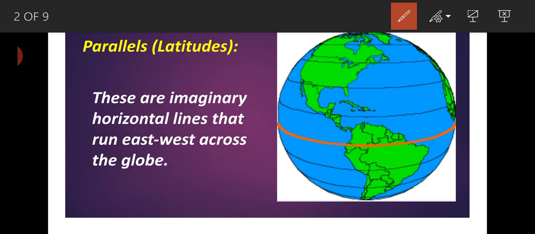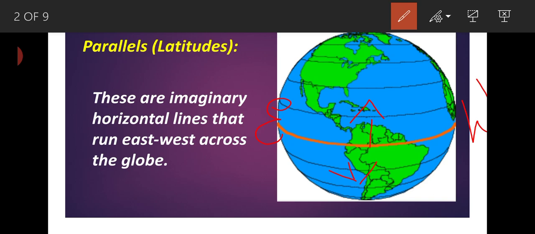What are they? These are nothing but imaginary horizontal lines that run east to west across the globe. These imaginary lines are drawn parallel to the equator towards the north as well as the south.